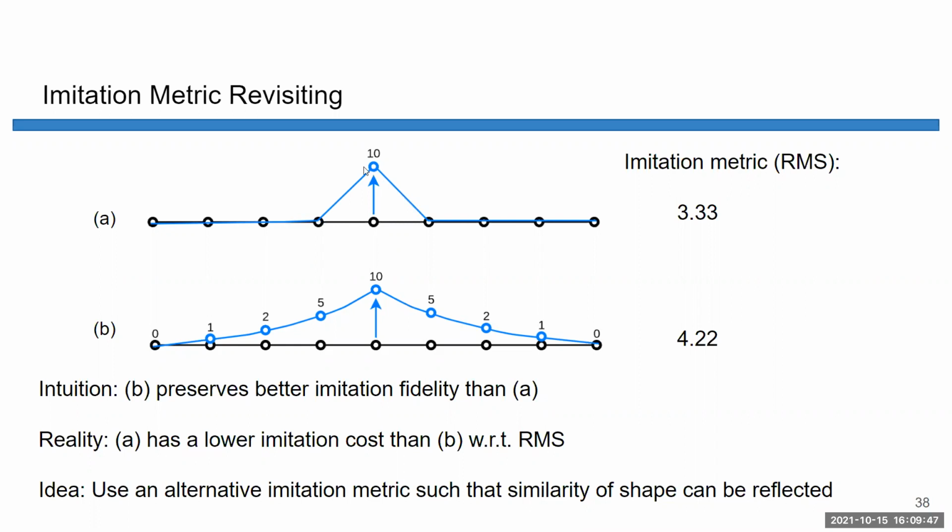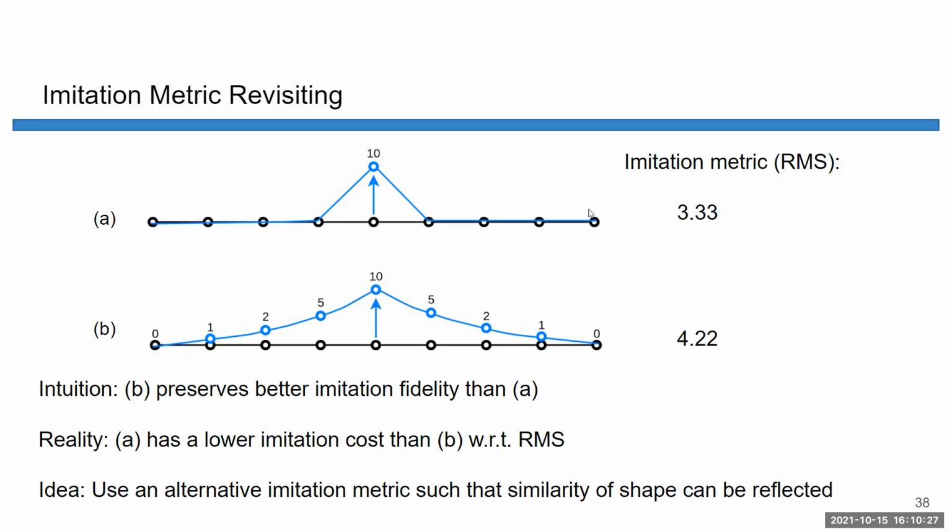Our intuition is that mode B preserves better imitation fidelity than mode A. But if we use the usual root mean square to evaluate their imitation fidelity, then we see that mode B has larger imitation error than mode A. So this motivates us to revisit the imitation metric to evaluate imitation fidelity.